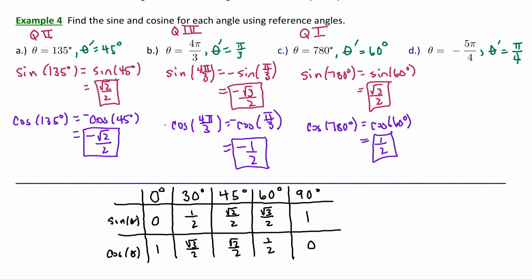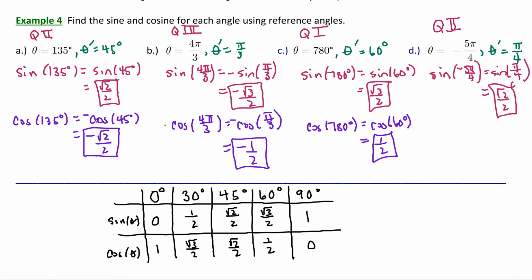Finally, theta equal to negative 5 pi over 4 we discovered was a quadrant 2 angle. In quadrant 2, sine is positive. So sine of negative 5 pi over 4 is going to be the same as sine of its reference angle pi over 4. Sine of pi over 4 is square root of 2 over 2.